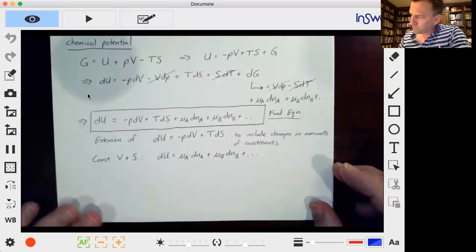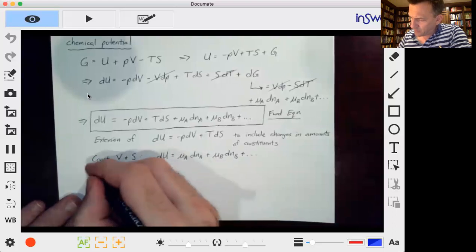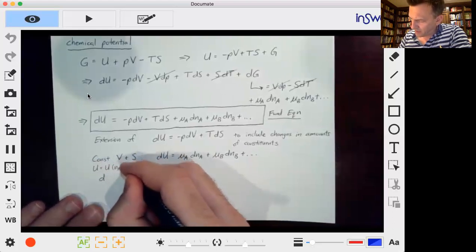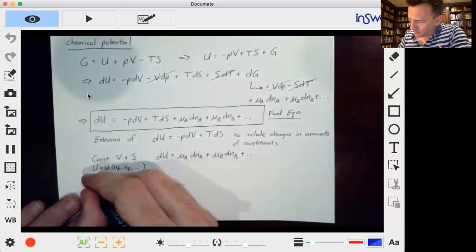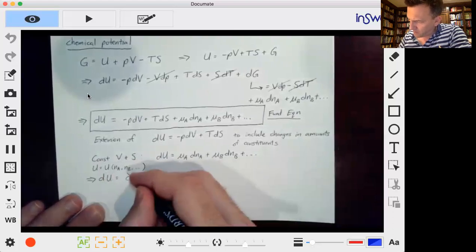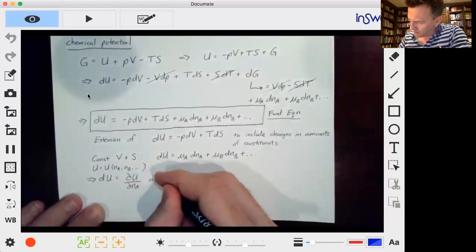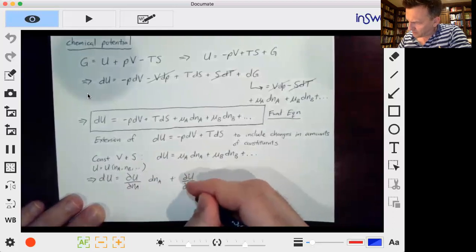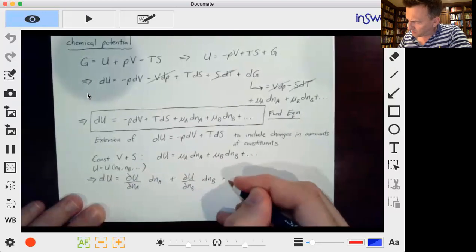So once again, looking at U as a function of these NA, NB, and so on, then dU is going to be the derivative of U with respect to NA times dNA plus the derivative of U with respect to NB times dNB, and so on.